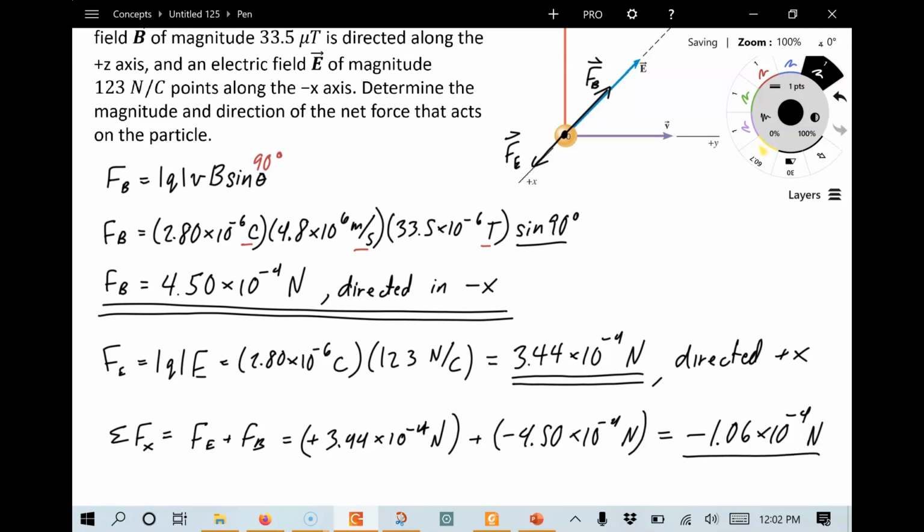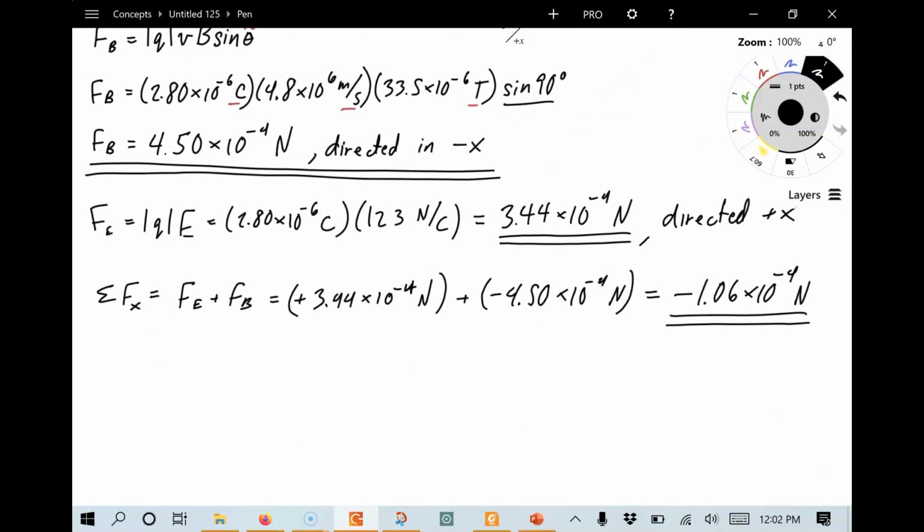So there's the x component of that net force. The y and z components are both 0. And so the magnitude of the net force, if we want to write this down, is just the absolute value of that value. So 1.06 times 10 to the minus 4th newtons. And there's our answer for this one.